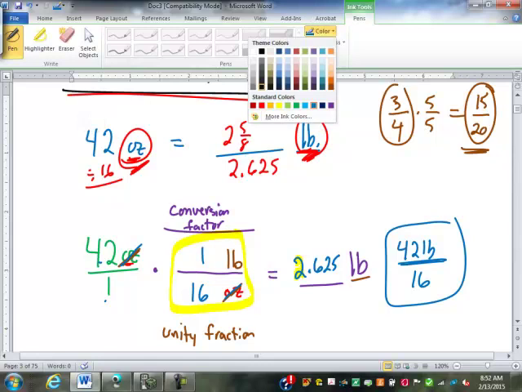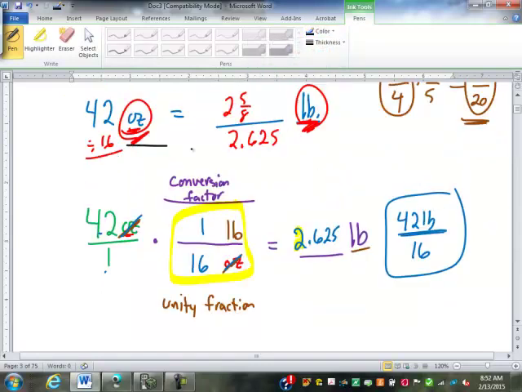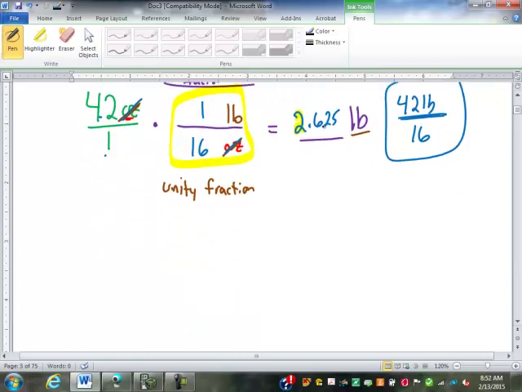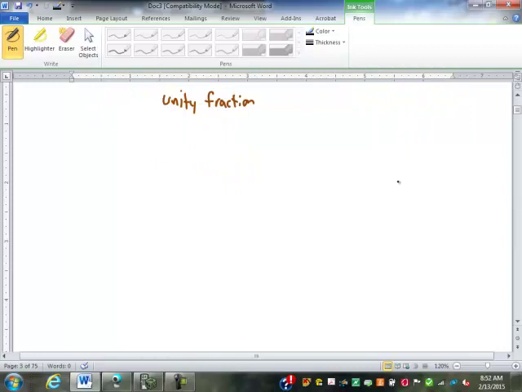So let's do a couple more examples of that. I said pounds and ounces, you possibly have worked with those enough. You don't need to set up dimensional analysis and do the unity fraction and conversion. But let's look at some units that you maybe are not as familiar with. Let's say you have 7 ounces, you want to convert into grams.